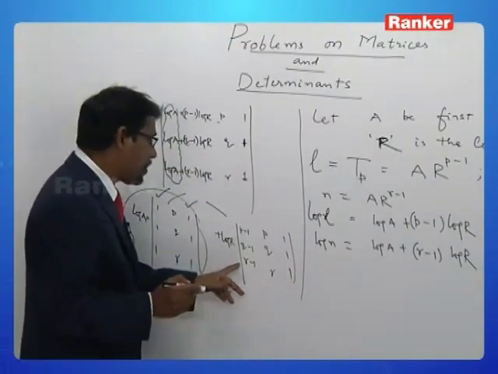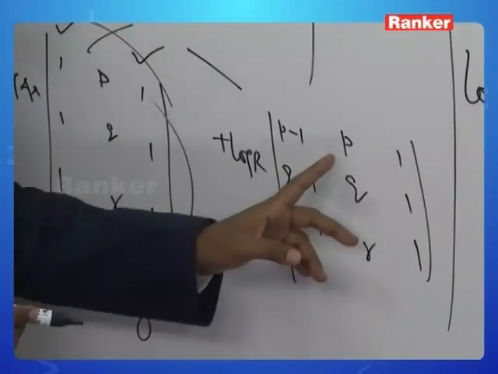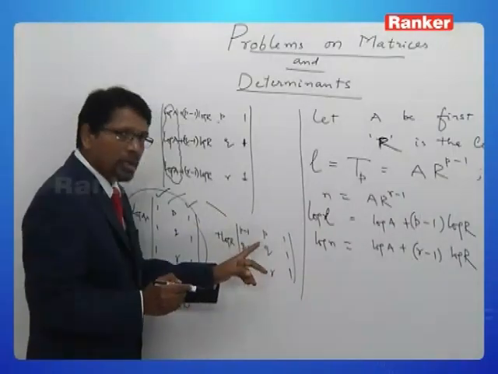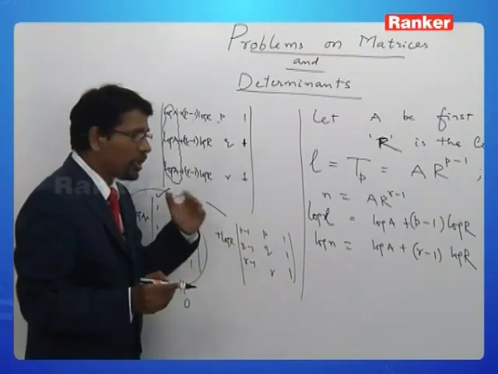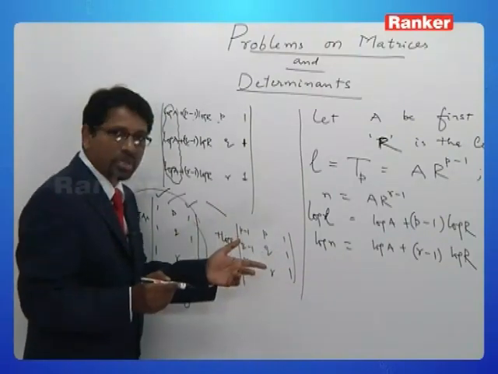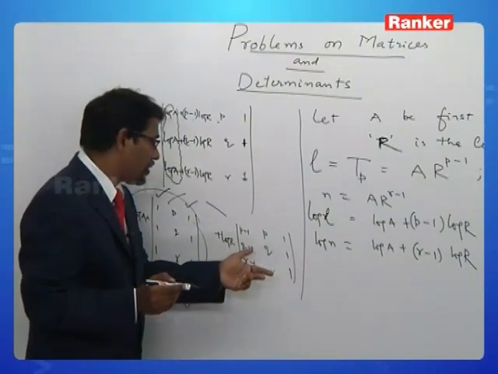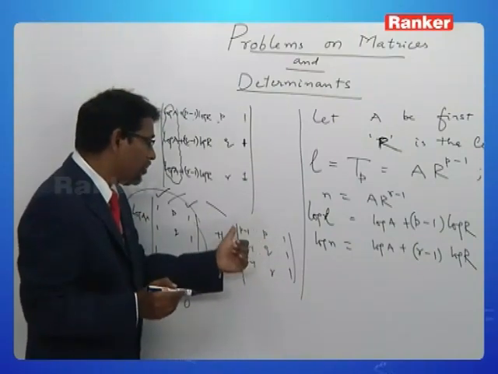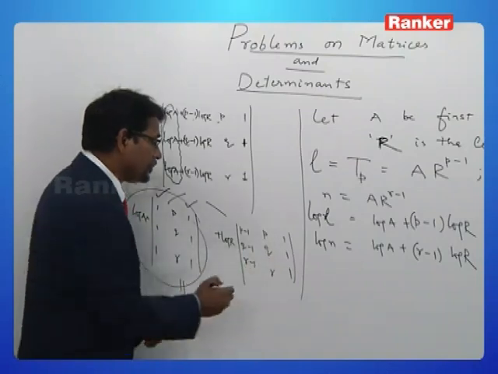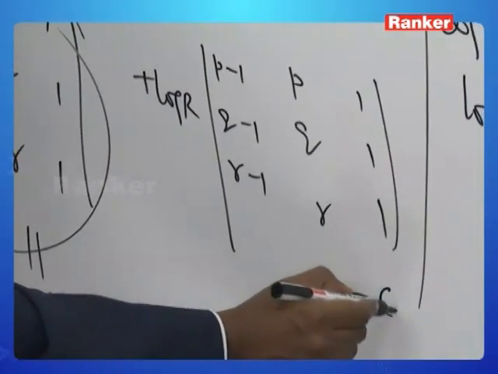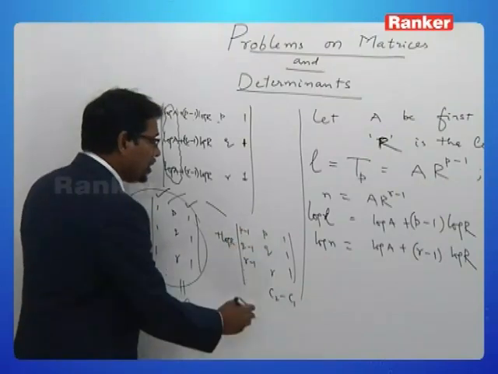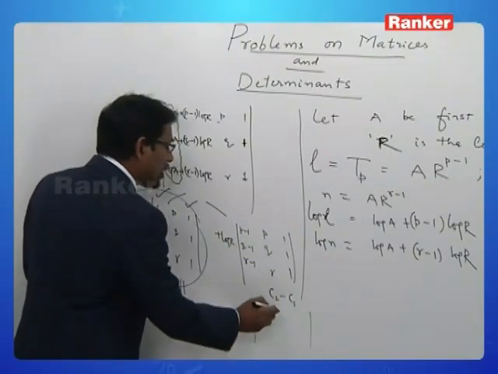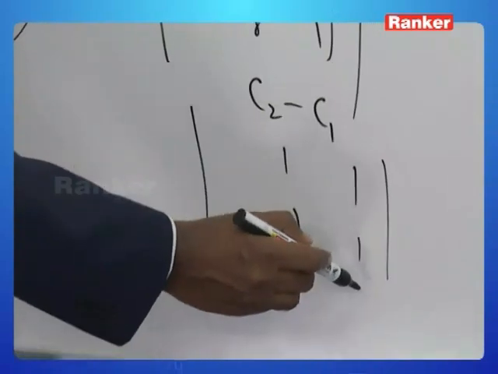What about this one? If you subtract a column from another column in a determinant, or a row from another row, the determinant is invariant. It doesn't vary. So if I go for C2 minus C1, I will get p minus p minus 1, and these two columns will become identical, 1, 1, 1 and 1, 1, 1.